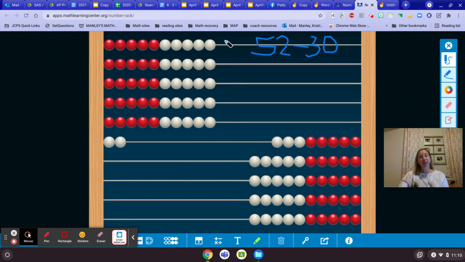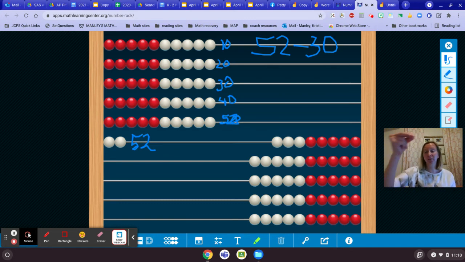So if this is our 52, 10, 20, 30, 40, 50, and then down here is 52. We want to visualize taking away 3 groups of 10, because 3 groups of 10 make 30. Right now we have 5 groups of 10. To take 3 groups of 10 away, what would we have?